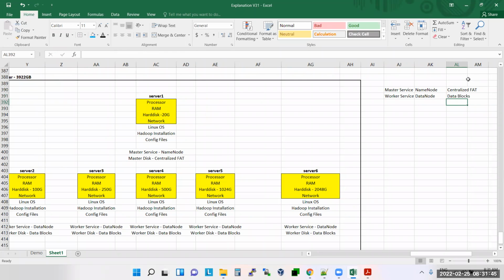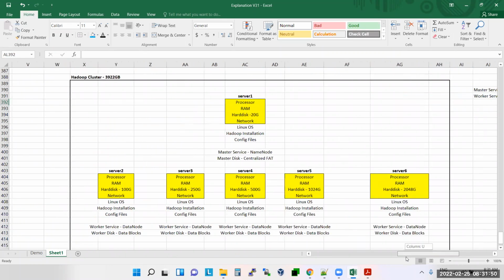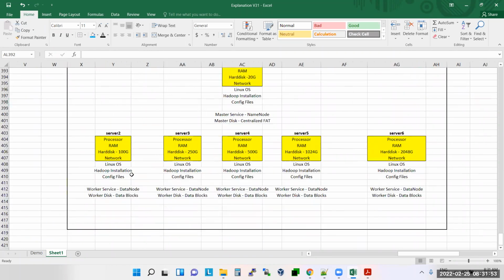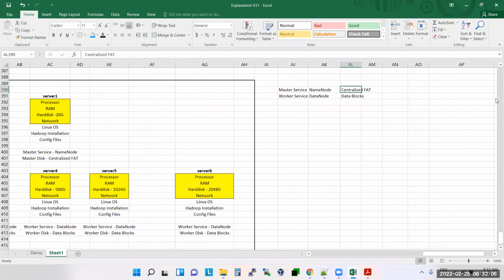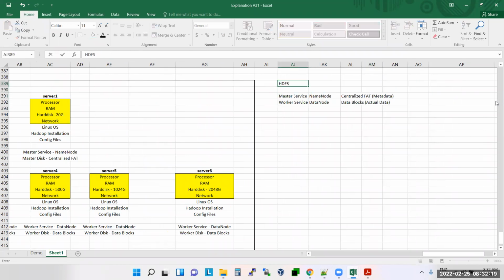So the entire logical storage file system, since this is Hadoop, is called HDFS. To run HDFS efficiently, when I say HDFS, it is a distributed storage.